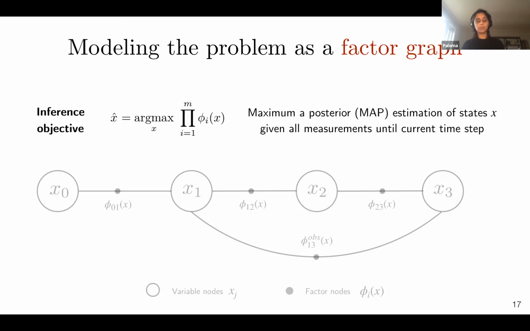While this optimization may seem expensive as the number of variables keeps growing in time, there are efficient solvers out there that leverage the sparsity of the graph to solve this problem in an online incremental fashion, thus ensuring real-time performance.